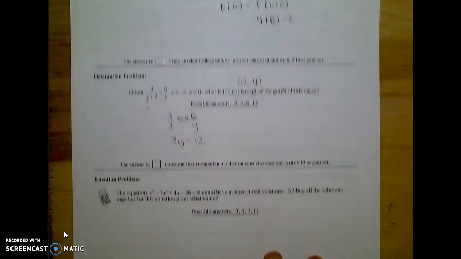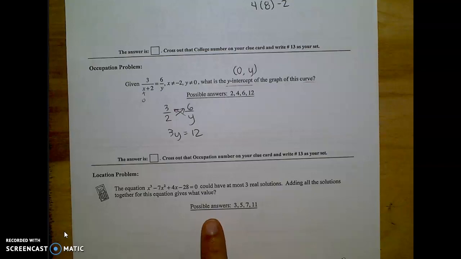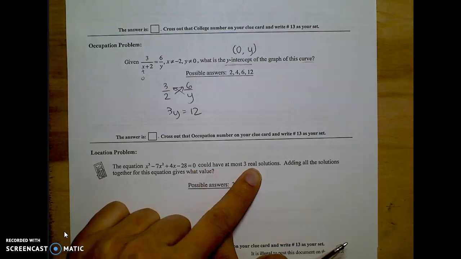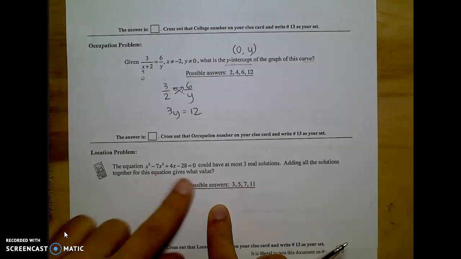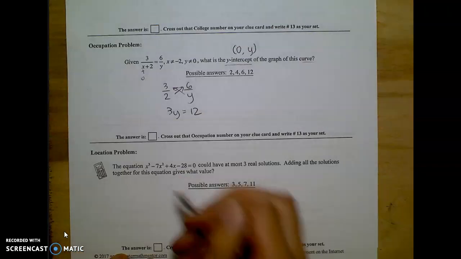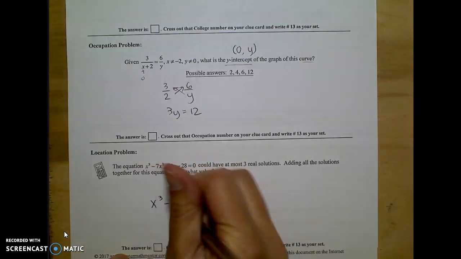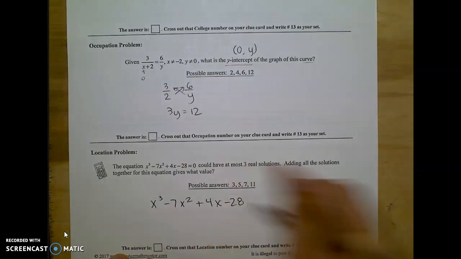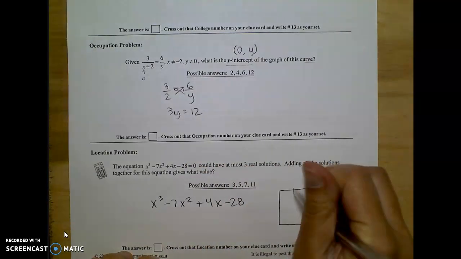Okay? This is something that we are doing right now in year long and that we've already done in Algebra 2. The equation could have at most 3 real solutions. Adding all the solutions together for this equation gives what value? So I took this 4-term polynomial and factored it by putting it in the box.